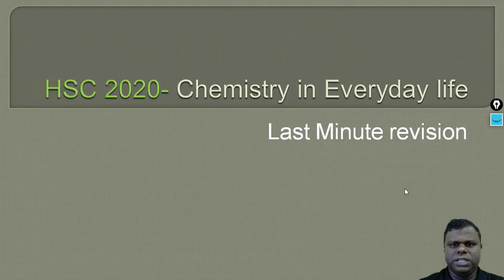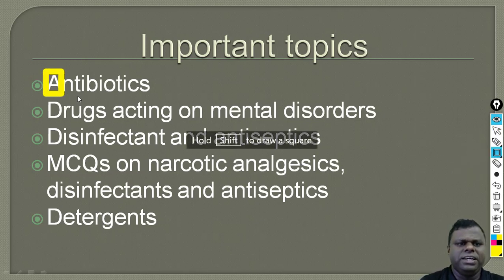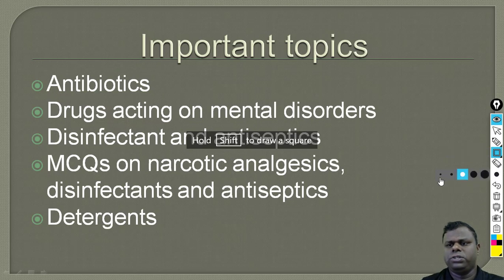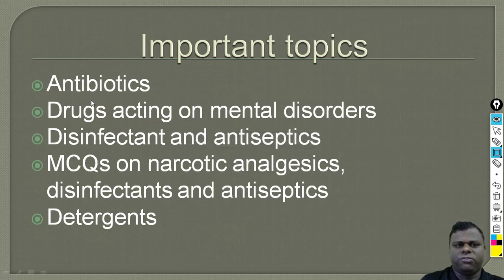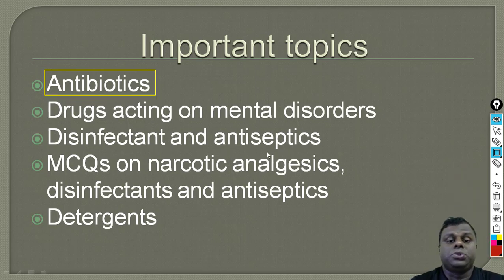The important topics you are supposed to concentrate on start with antibiotics. A short note on antibiotics would be a good choice for any such question. If it is asked, write a short note on antibiotics, then what are you supposed to write?